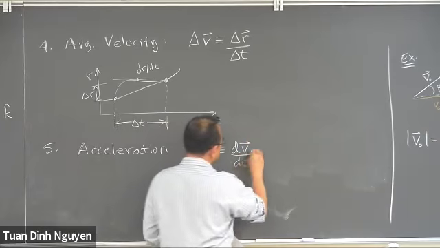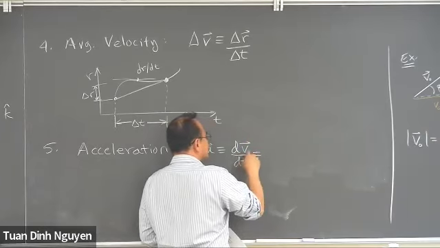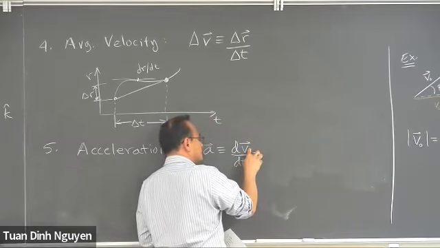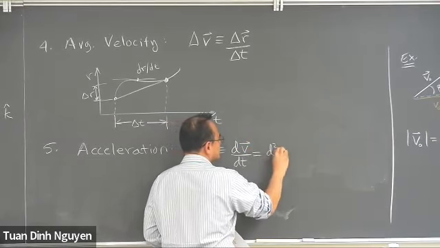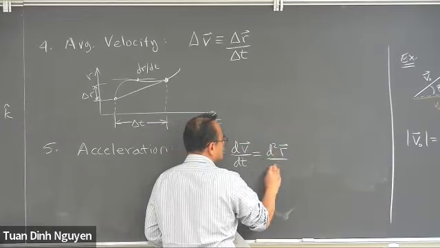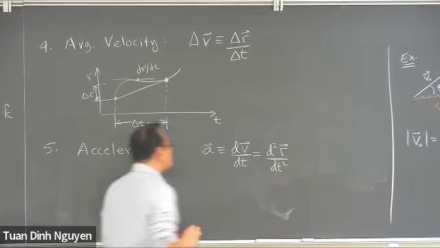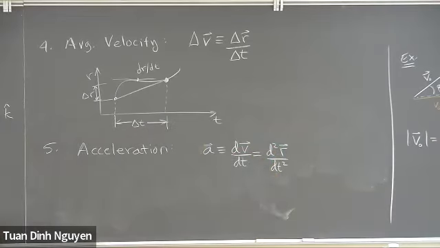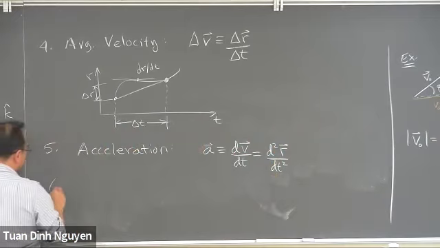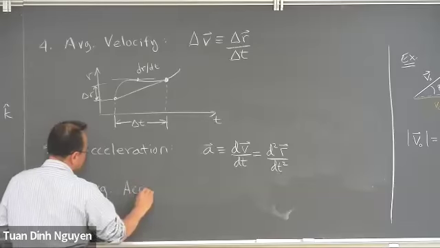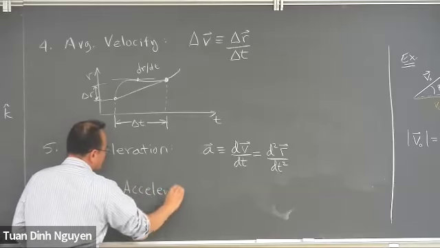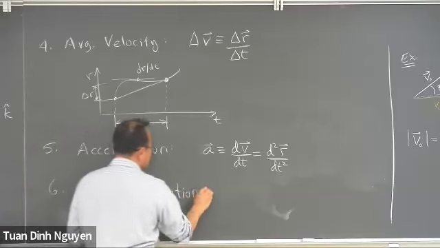If the velocity is the derivative with respect to time, then we're taking it twice. That's the second derivative of position. And then average acceleration. Same.